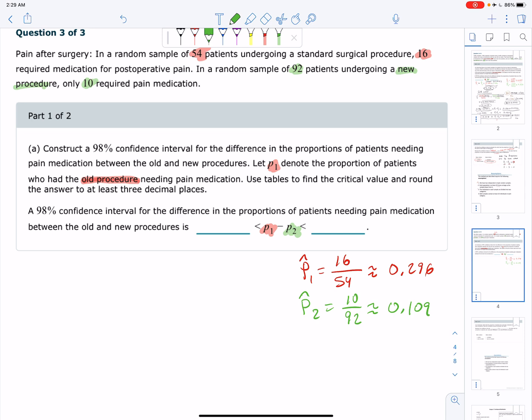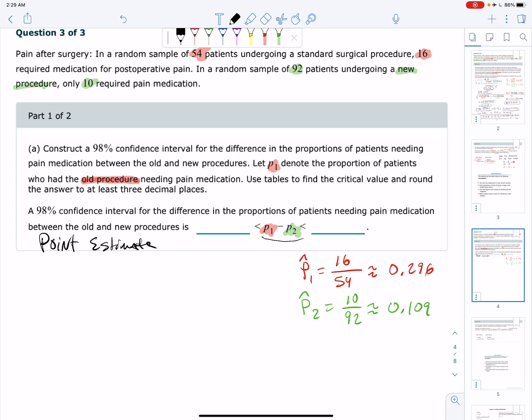Now we're going to need our point estimate. We're trying to get an interval that includes the difference of the population proportion from the first population minus the population proportion from the second population, but a point estimate will get us started in the right direction. What is a point estimate? It's taking a sample within that population, figuring out the sample proportion, and then subtracting the two.